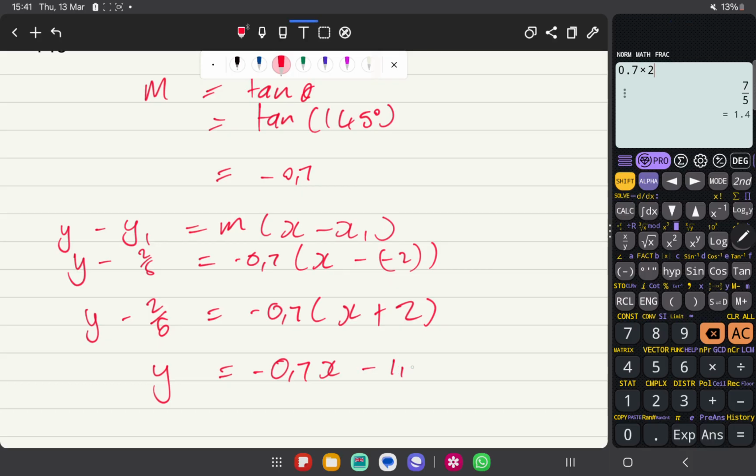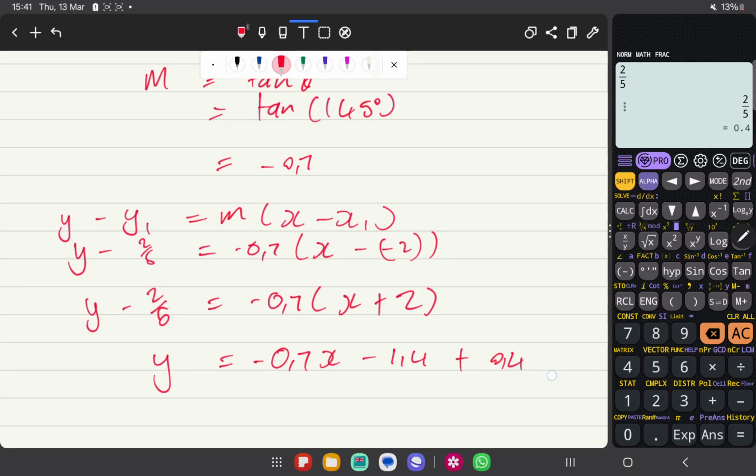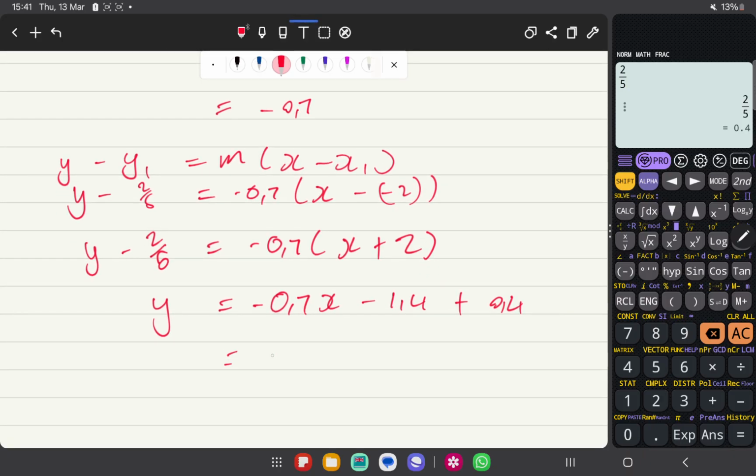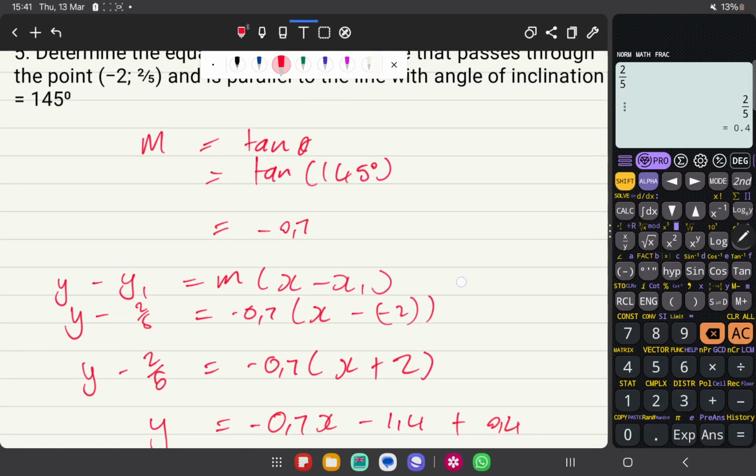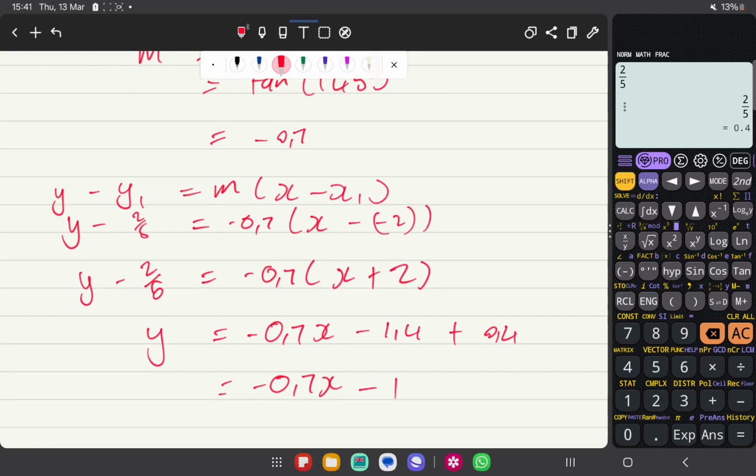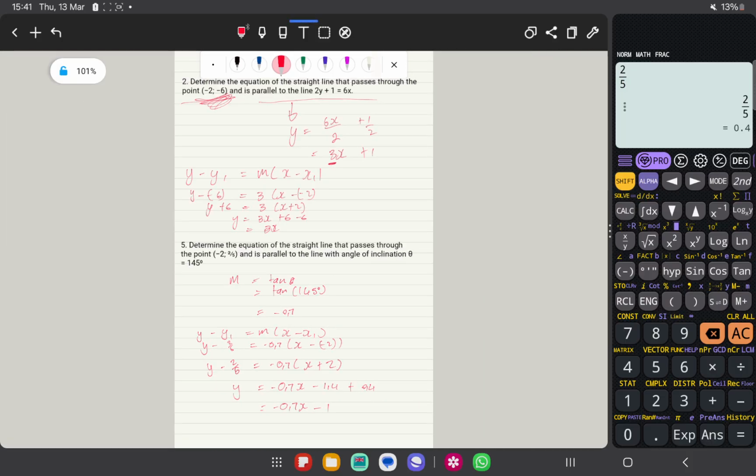It's minus 1.4, right? And then I'm going to have plus 2/5. Let me write it as a decimal, it's 0.4. So we get y equals minus 0.7x minus 1. Yeah, we're done. I think I didn't make any mistakes in this one.